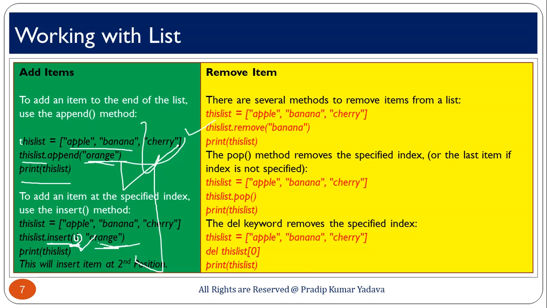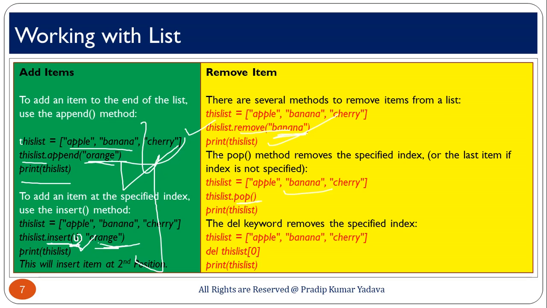Now, after talking about adding items, we have three methods to remove an item from the list. The first one is remove. By using the remove keyword, you can remove any item from the list. Here, remove and pass the item, and your item will be removed. The second is the pop method. Here, by using the pop method you can remove.